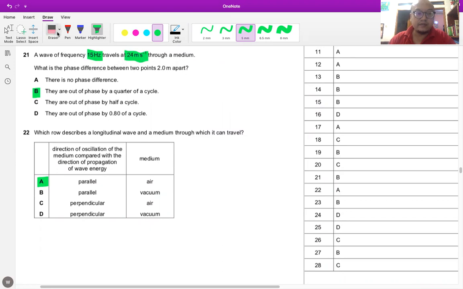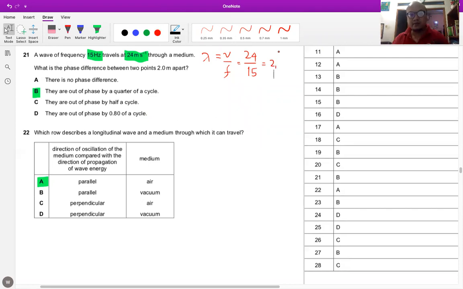The wavelength lambda is velocity divided by frequency. 24 divided by 15 equals 1.6 meter.